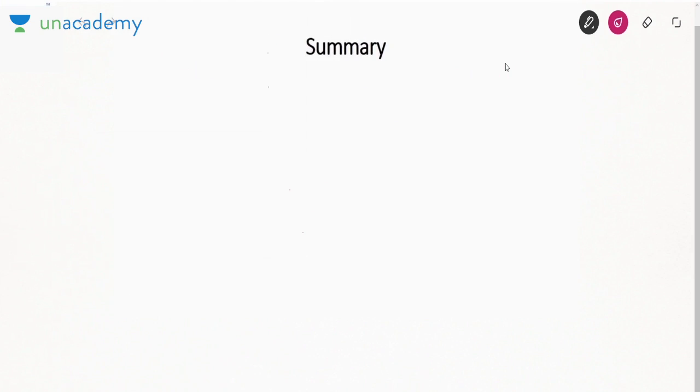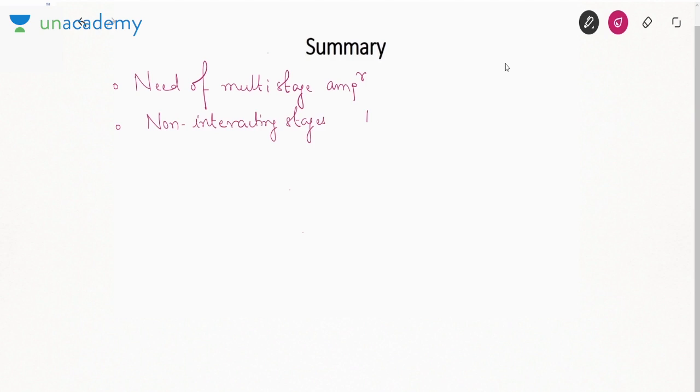So let me summarize what we have learnt in this lecture. We have first seen the need of multi-stage amplifiers to satisfy the input and output resistance requirements, as well as to increase the gain of the amplifier. Then we have seen in case of non-interacting stages, the upper cutoff frequency becomes FH times under root of 2 to the power 1 by n minus 1, and lower cutoff frequency FL divided by the same factor.